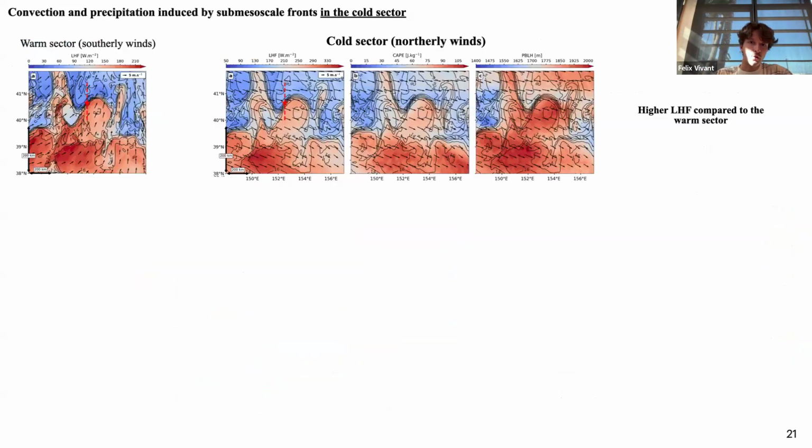So now the cold sector, so now the wind is blowing from the north. And as you can see, latent heat fluxes are greater because the air-sea contrast is greater. So the cold sector really participates to pump moisture out of the ocean.